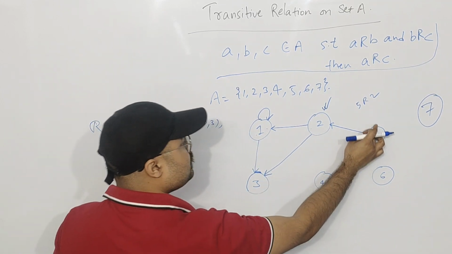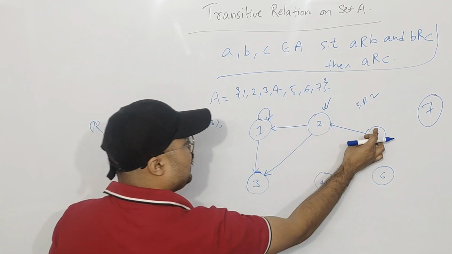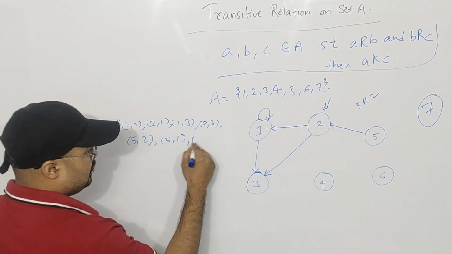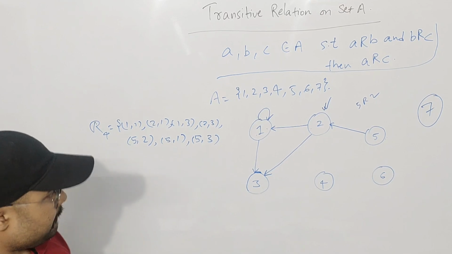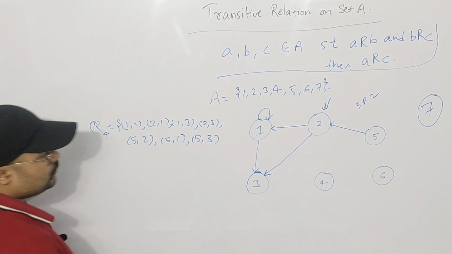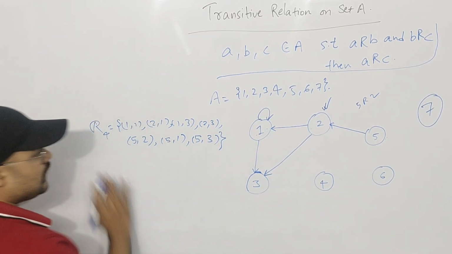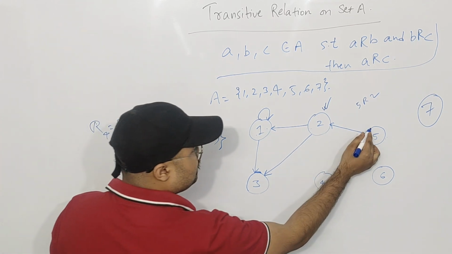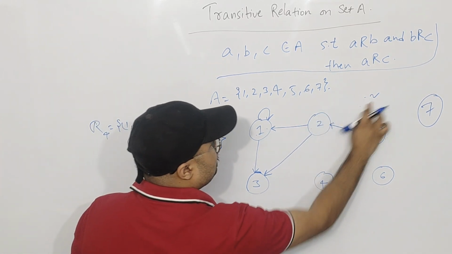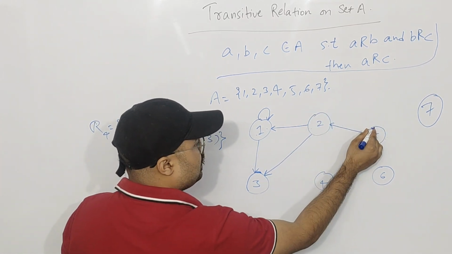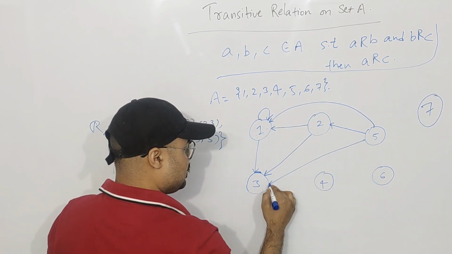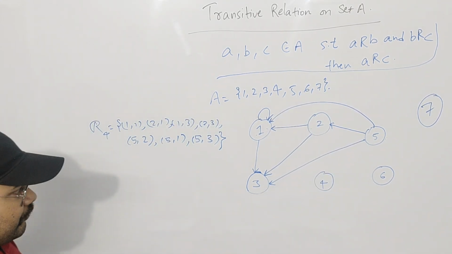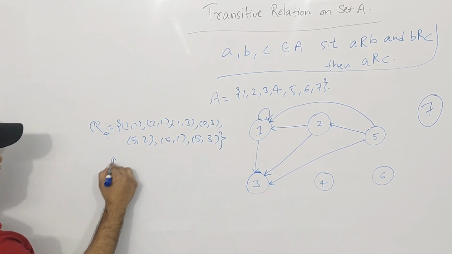So there has to be a directed edge from 5 to 1 and 5 to 3. Now when you do this, this R4 is transitive. So R4 is transitive.